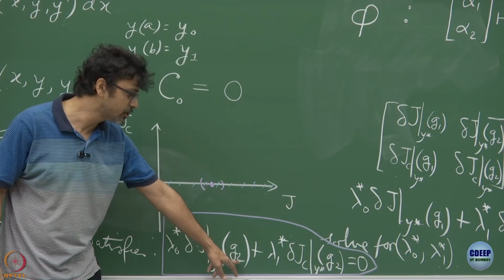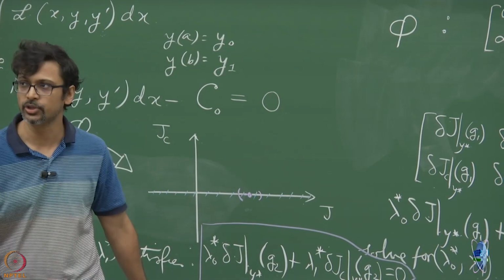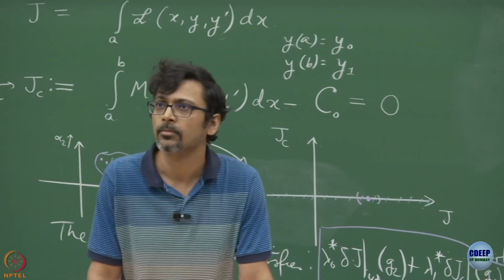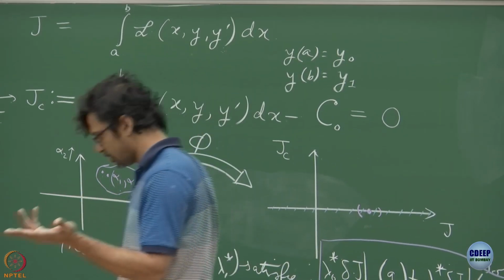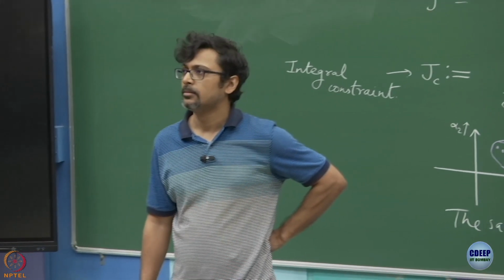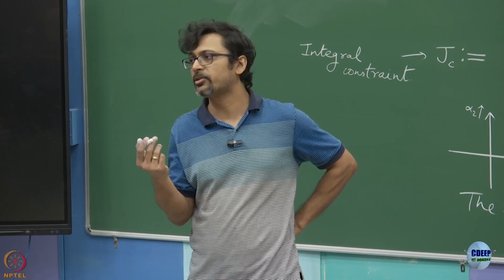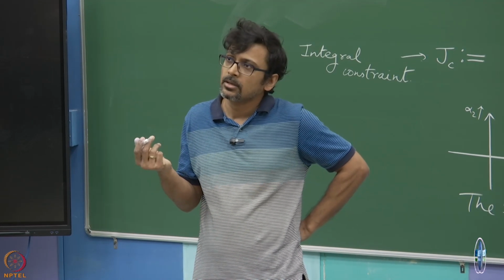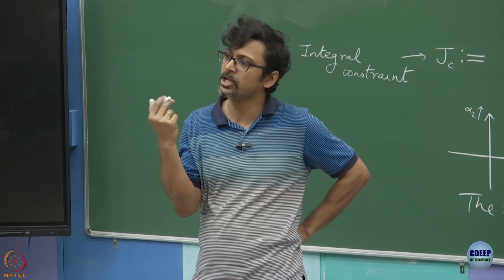Now you can replace this G2 with any G which satisfies the condition that GA is equal to GB is equal to 0. And what it essentially says is exactly what we had hinted at when we discussed finite dimensional optimization, that the grad of F is a linear combination of the grad of H's, and the scaling factors were given by the Lagrange multipliers.